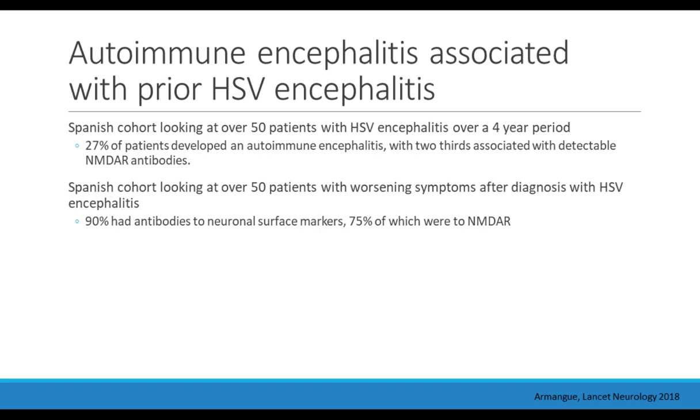There was another cohort. In the first cohort, patients got better and then developed a secondary encephalitis. The second cohort were patients who were adequately treated but kept on getting worse. And 90% of those 50 patients who had continuing worsening of symptoms even after their diagnosis with HSV encephalitis, even though they were on therapy, had antibodies to some neuronal surface antigen, and 75% of those were NMDA.